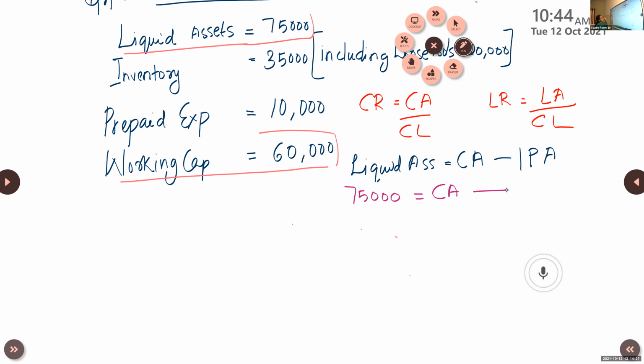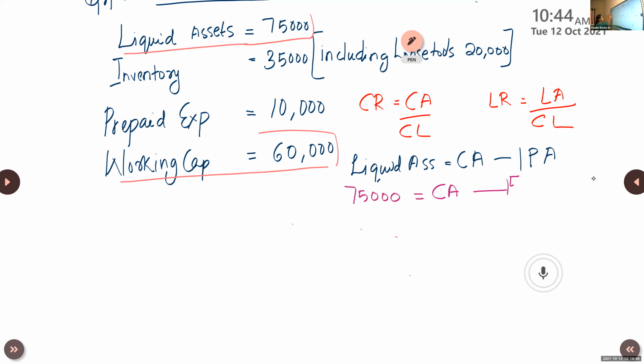No, no. It includes loose tools, so that should be deducted. So that becomes 35 minus 20, 15,000. 15,000 plus prepaid expense is also there, 10,000.